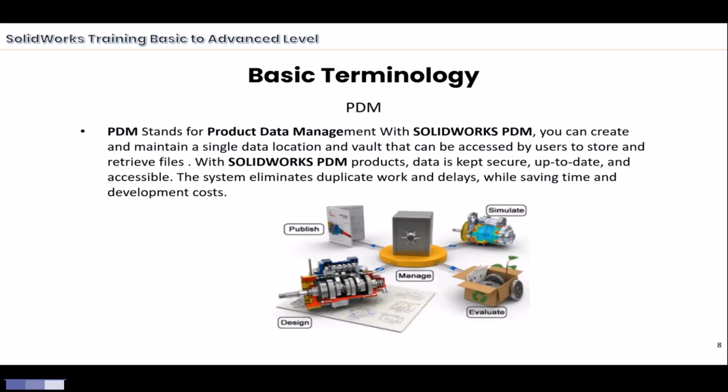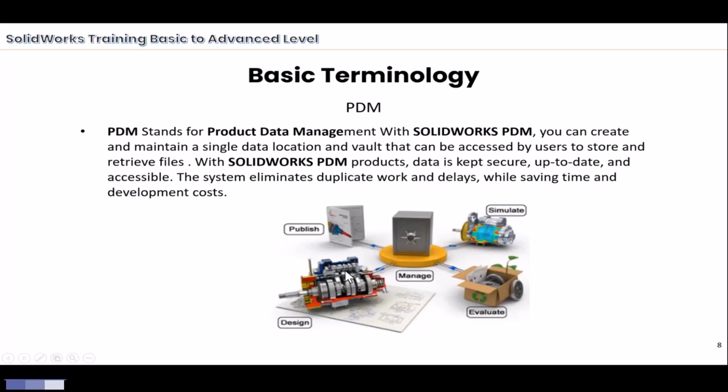Now, how will it be helpful? For example, a design engineer working on one project will save the project and give it to the vault, meaning he will save it into the vault. The main person, an engineer or manager, who has the rights to control things, can share the file as he wants with another engineer who is doing simulation.